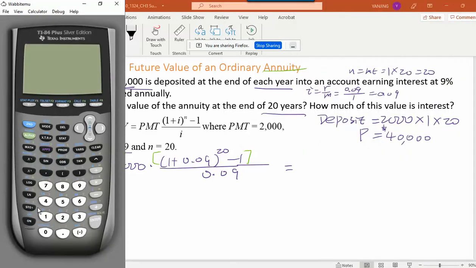All right, so let's go ahead and enter 2,000 times, remember I need 2 parentheses, right? 1 plus 0.09, parentheses, raised to the power of 20, okay, and minus 1, because this whole thing is my numerator.